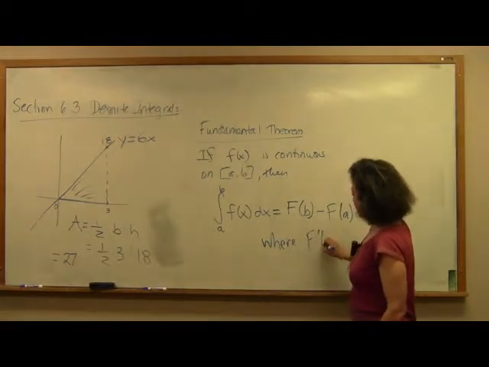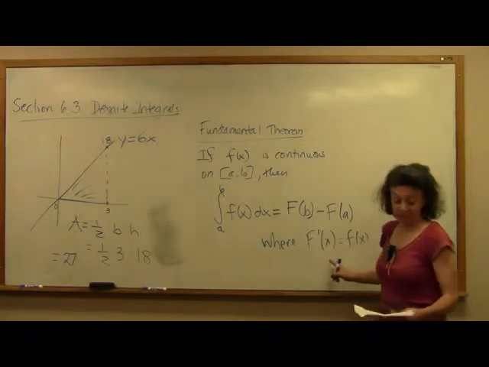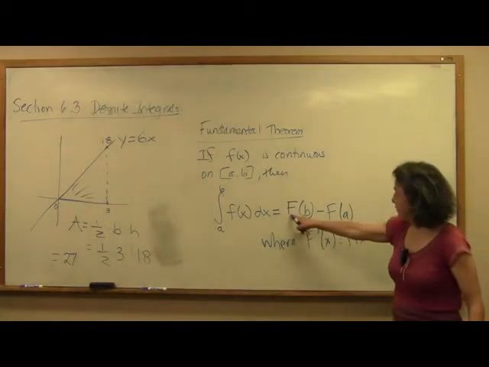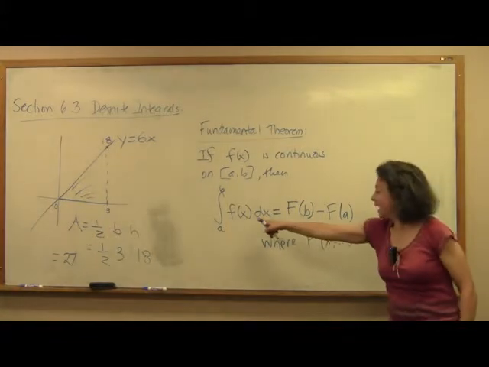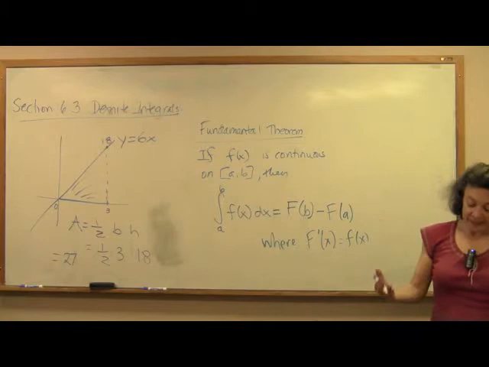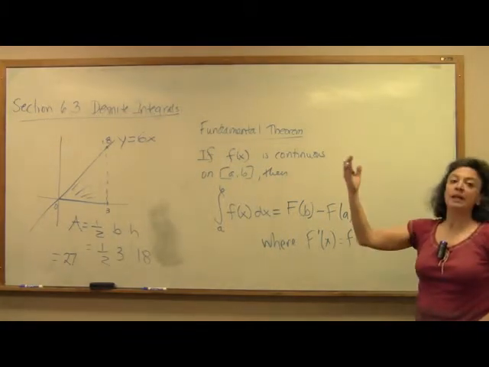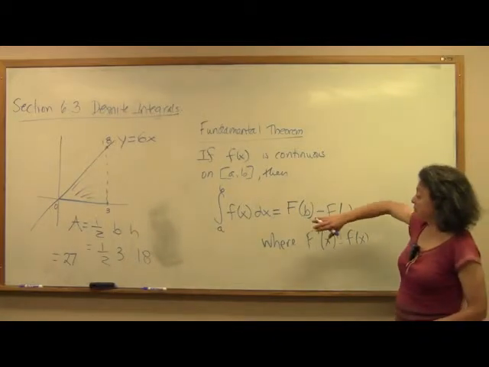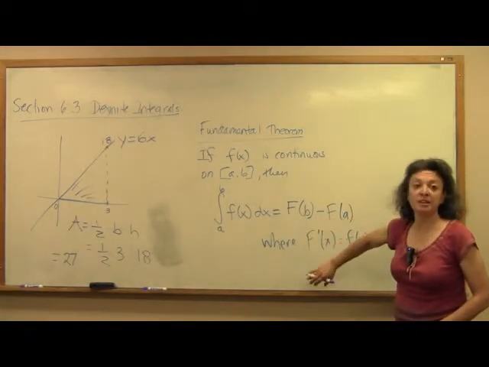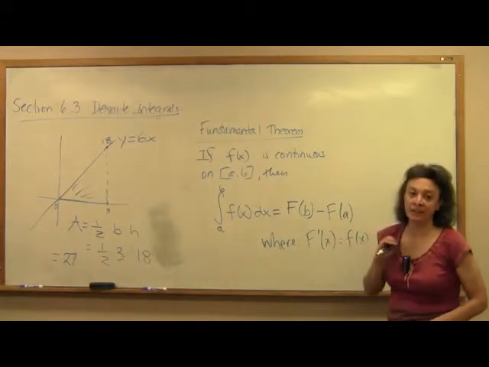This capital F is my antiderivative; in other words, if I took the derivative of capital F, I would get my function inside. What we're doing is really no different, there's just an added step where we evaluate this at various values.